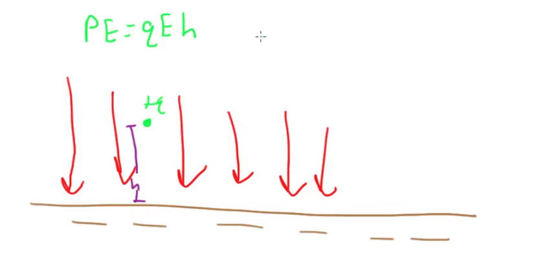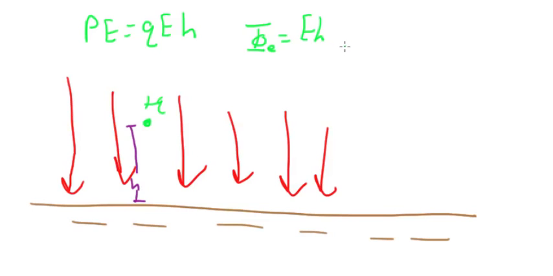And then what we can do is define electric potential, with charge playing the analogous role of mass. So phi E will just be EH.